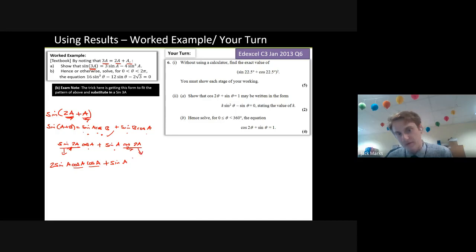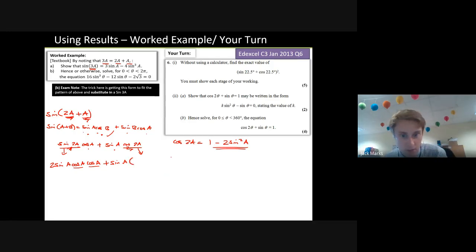And now this is more difficult. Cos of 2a, you need to think carefully here about which form is best for you to use. So might I suggest, by looking ahead, you can see that it's all about sine. So probably we want to use the one that's about sine. So cos 2a equals 1 minus 2 sine squared a. That's the one that I'm going to use.